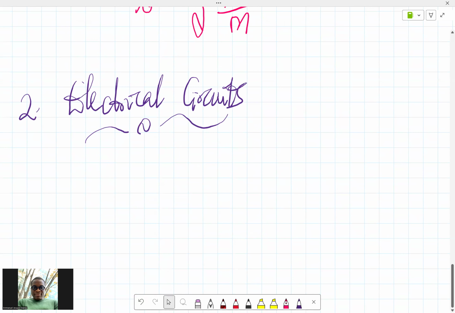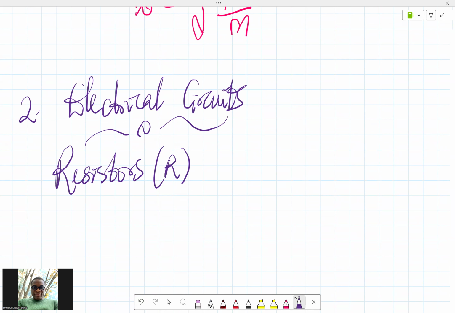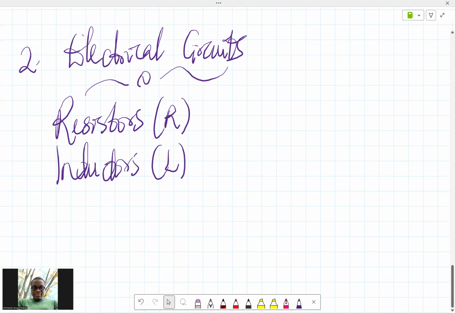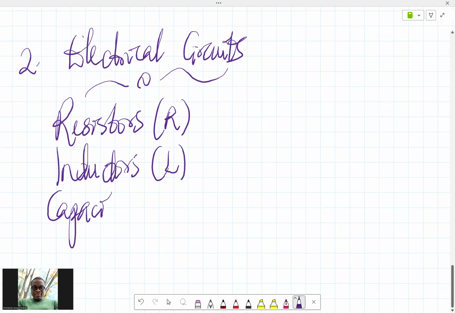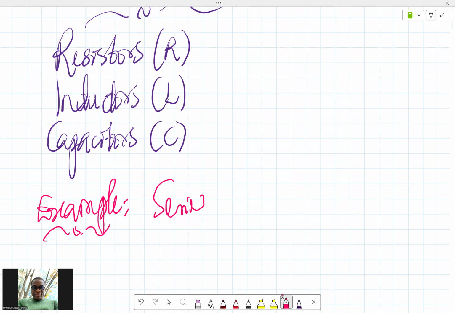Okay, so in electrical engineering, circuits with resistors (R), inductors (L), and capacitors (C) can be modeled using second order ODEs based on Kirchhoff's voltage law. A very good example is the series RLC circuit.